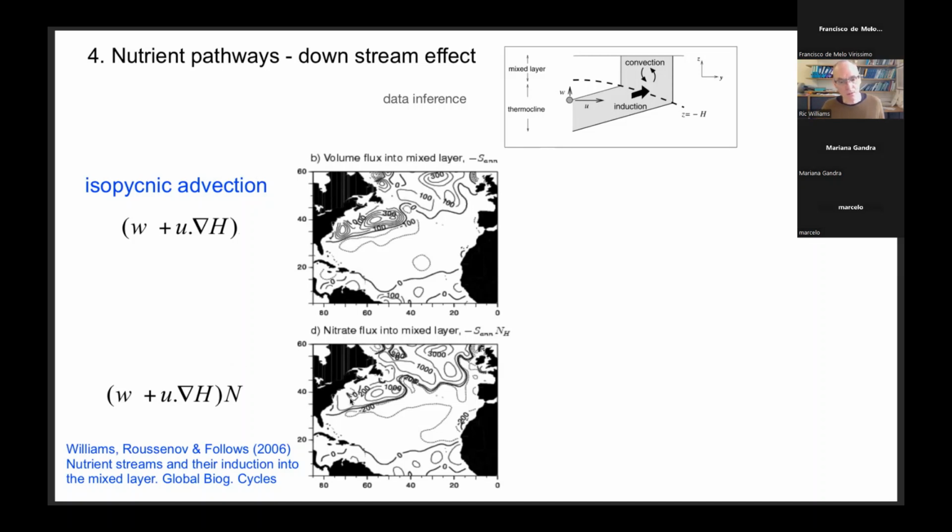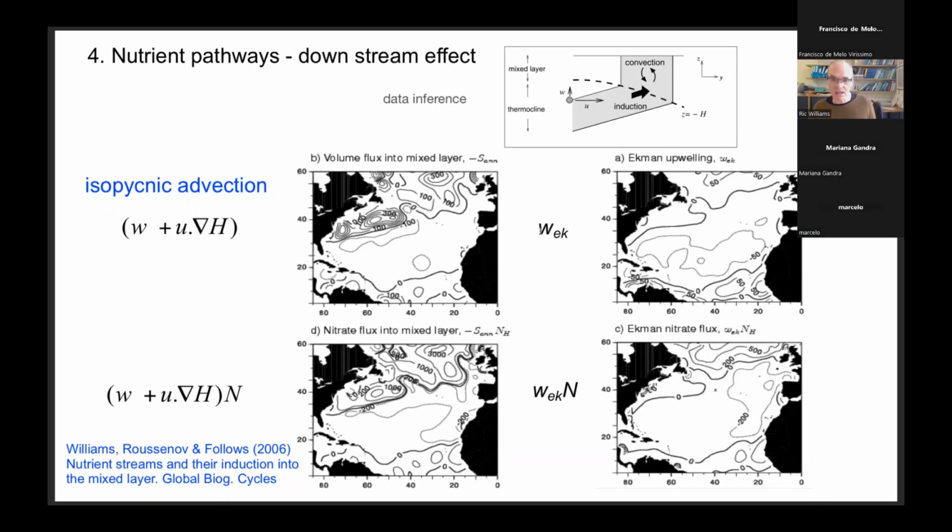You can then work out the nutrient flux that is carried with this volume, and you see high nutrient concentrations, a high nutrient flux being transferred into this boundary layer. This is involving both a purely vertical transfer and a horizontal transfer.